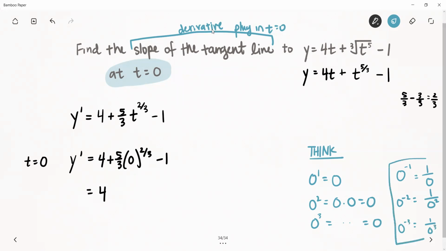So when I said 0 to the anything, I had to step back for a second, because negative exponents are not included in that, right? We would have an issue here. So it's not quite 0 to the anything.